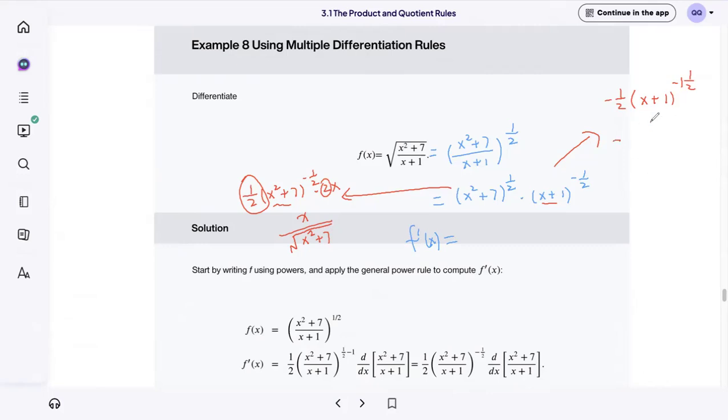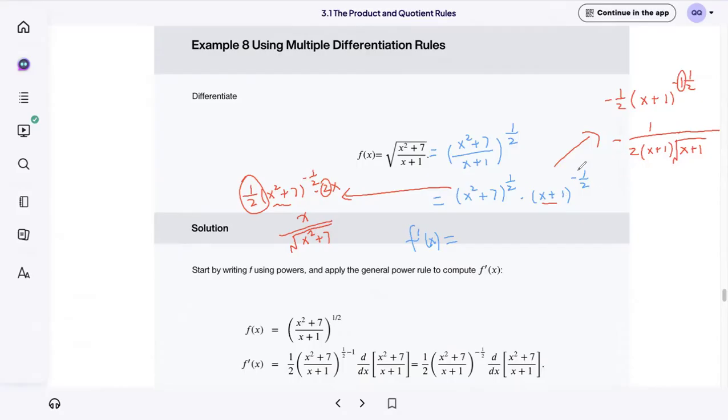So that's negative 1 over 2 times x plus 1, because this 1 is just x plus 1 itself, and the half is the square root of x plus 1. So the derivative is this.